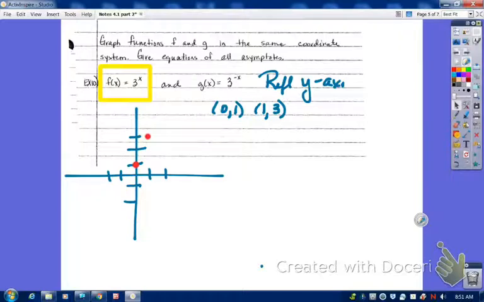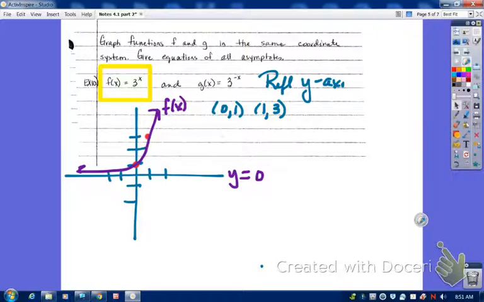Anytime you have more than one graph, you're going to need to label those. So you'll label that one f of x. They're asking for you to give the equations of all the asymptotes. The asymptote for that graph would be y is equal to 0. And then we're going to take that graph and reflect it over the y-axis.